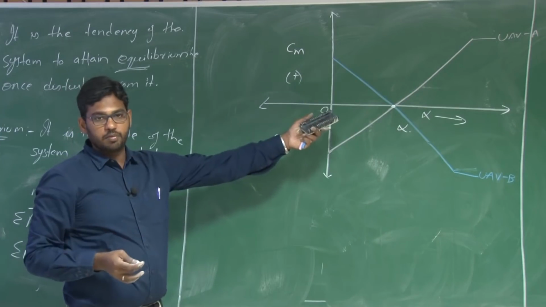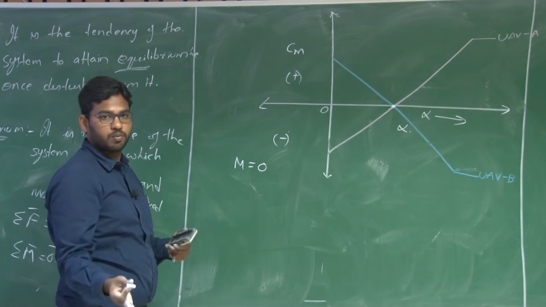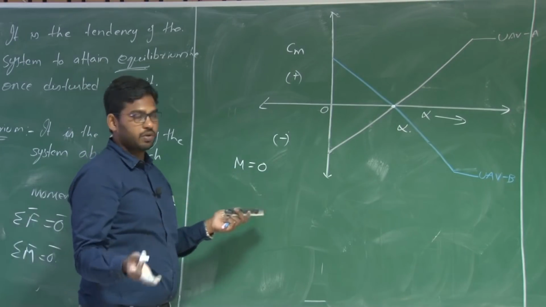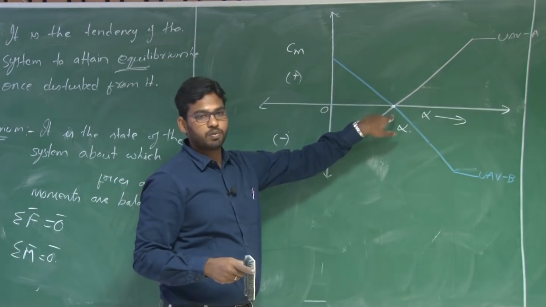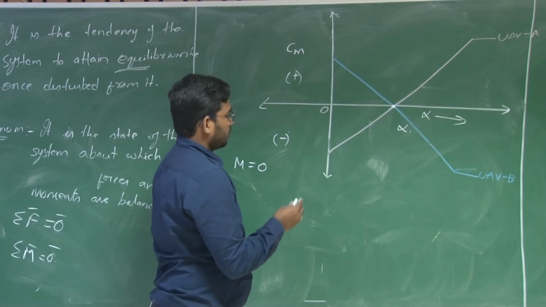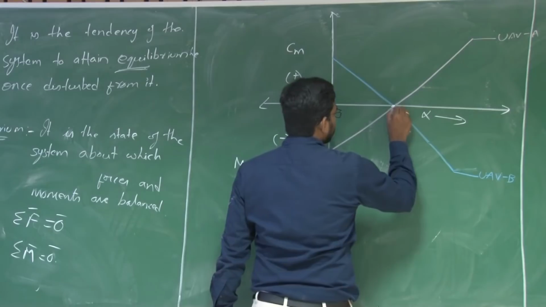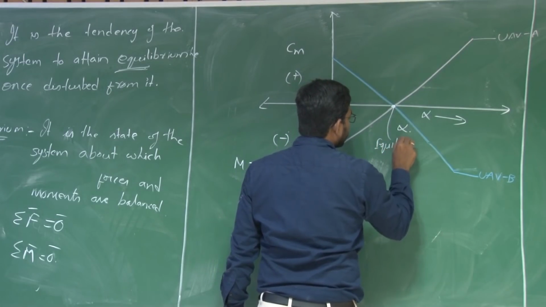That means it's an equilibrium point. If there is an imbalance in the force, that creates a moment, but when the resultant forces are equal, there is no moment here. So about this point there is no moment, right. We can consider this as equilibrium.